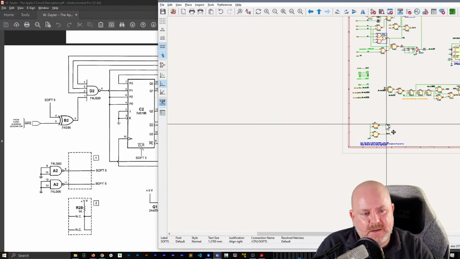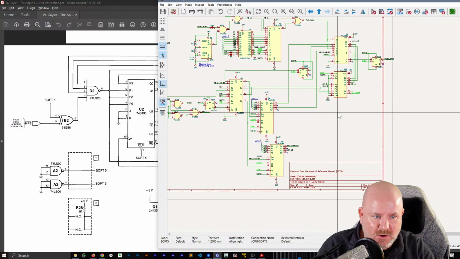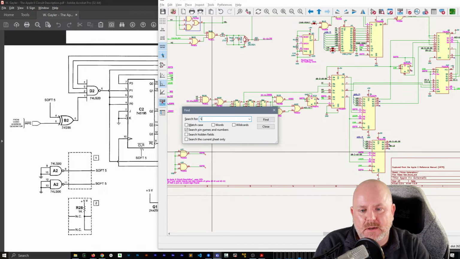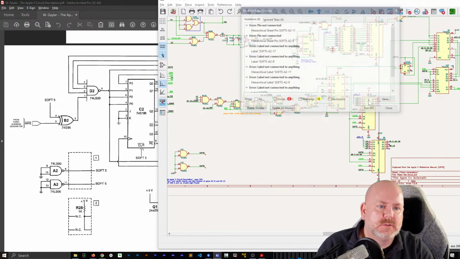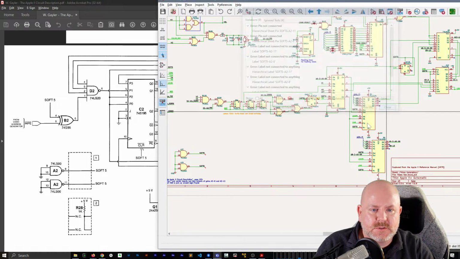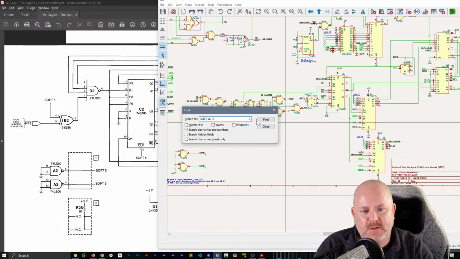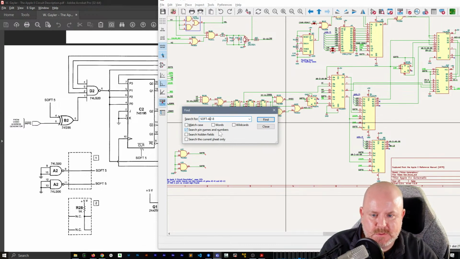I don't get what they did. I trust this schematic above anything else. The fact that the signals aren't shown anywhere else in this diagram is another... what were these called before? Oh, you know what? I can just do this. I'm going to look for soft 5 A2 pin 8. Oh, soft 5.